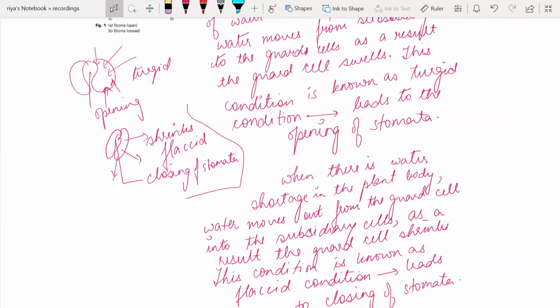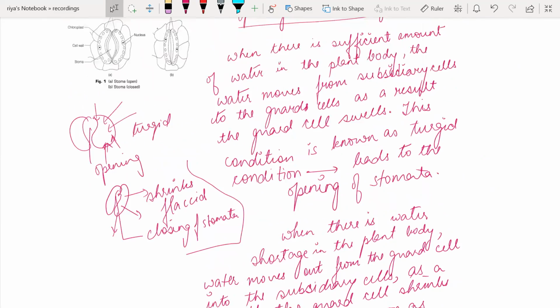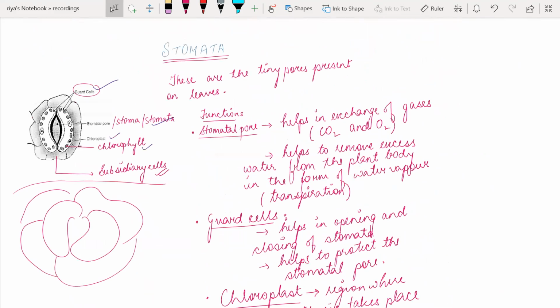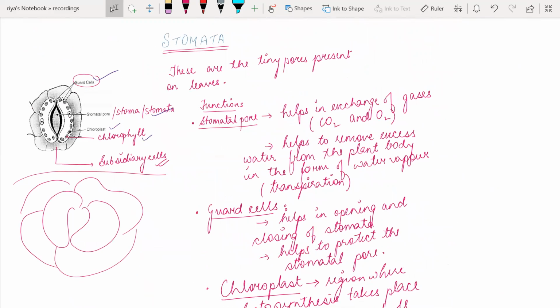They depend on the plant hormones, the environmental conditions, the light, and the potassium ion intake and release. So this is the topic of stomata we have done. Another topic will be done in the next class or next video, that is heterotrophic nutrition.